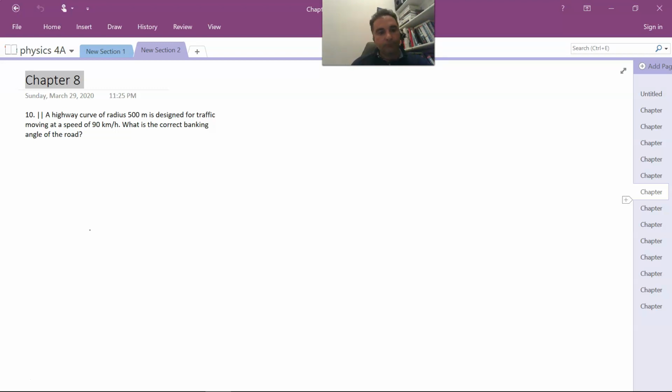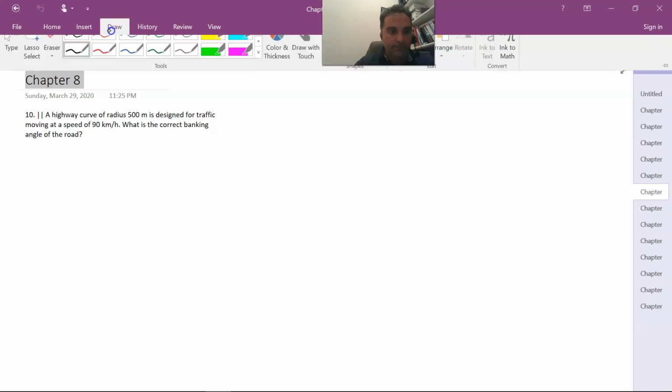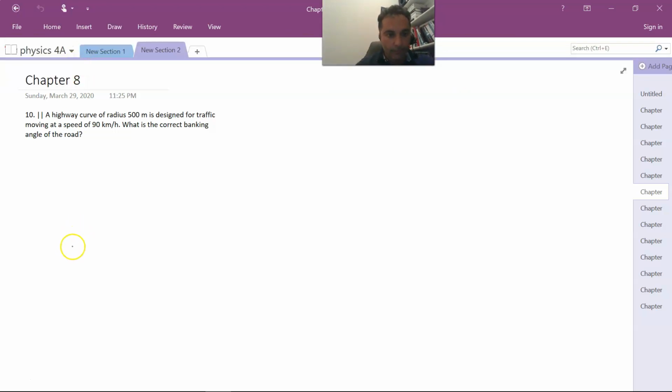Here it says a highway curve of radius 500 meters. So what we do have is a highway curve.